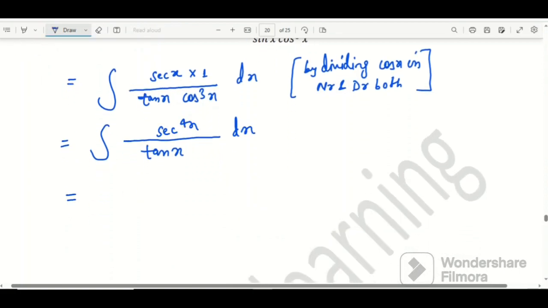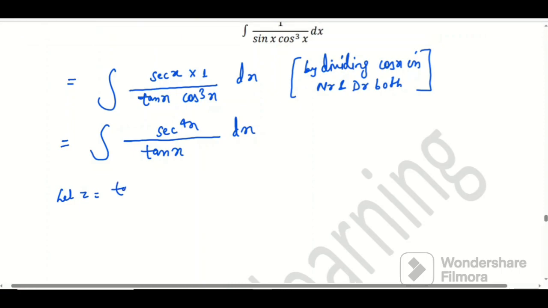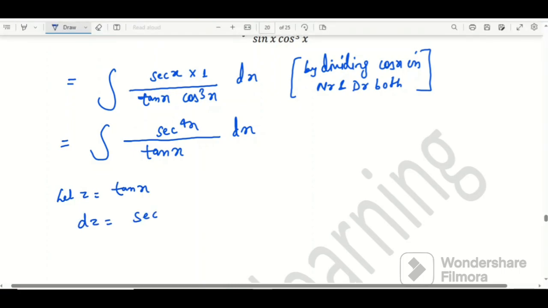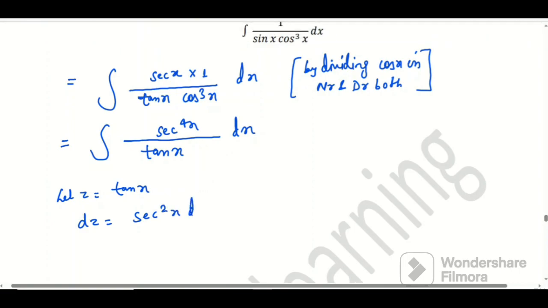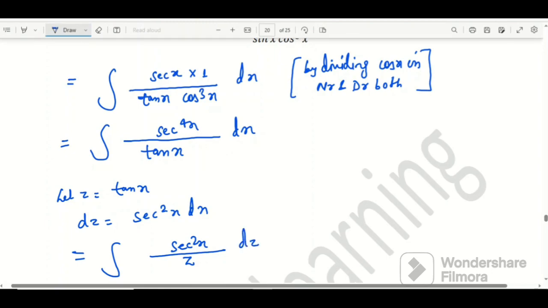So now we can use the substitution method from here. Let z equal tan x. So dz will be sec square x dx. Okay. So if I want to substitute, it will become sec square x upon, this will be z, and we are substituting this by dz.